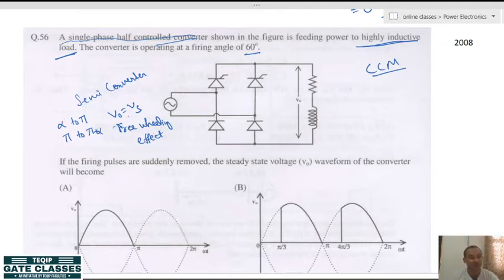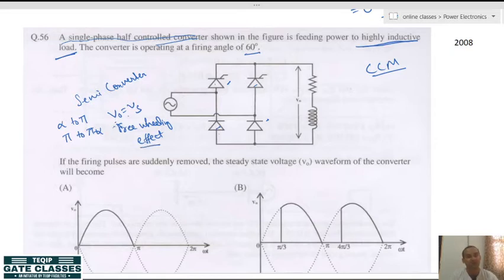If you have observed, from alpha to pi either this and this are conducting, or this and this are conducting. From pi to pi plus alpha, from the instant the cycle gets reversed to the firing angle instant, the freewheeling effect was there.